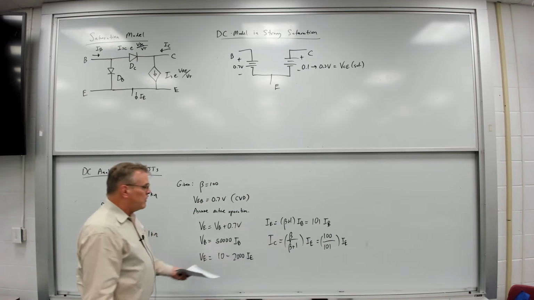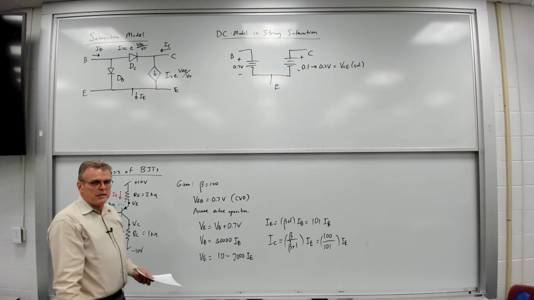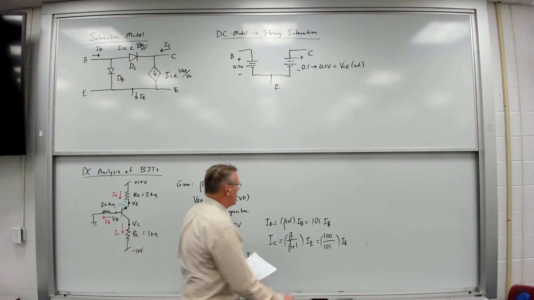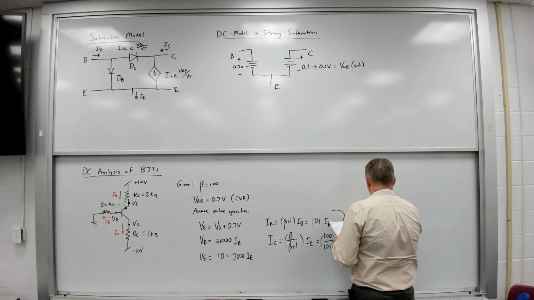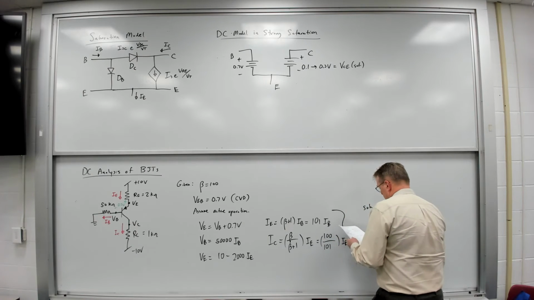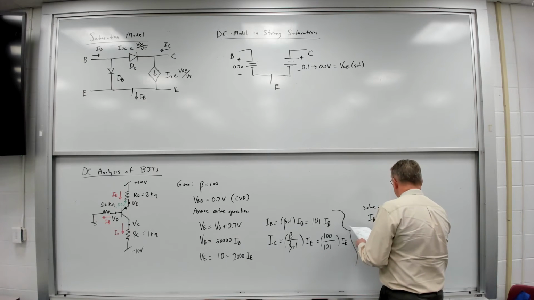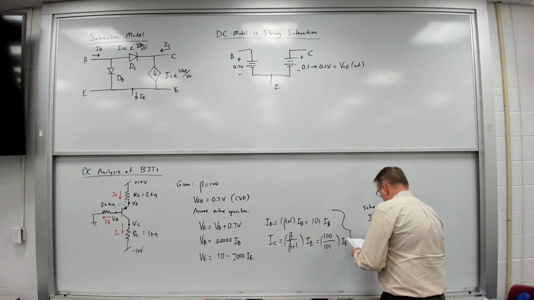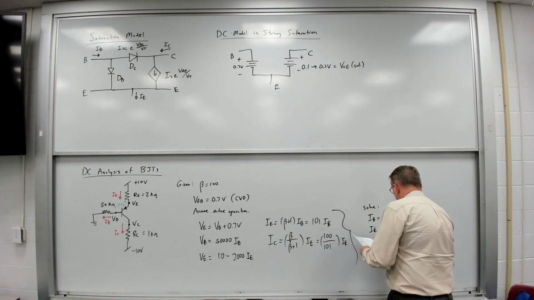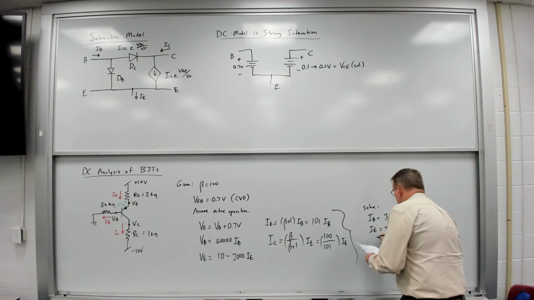And now I can go through and solve for these equations, using Mathematica or just using standard substitution. If I solve these, what I'll get is the following. IB is equal to 36.9 microamps. IE is equal to 3.73 milliamps.